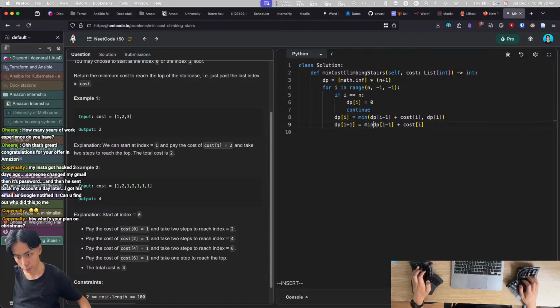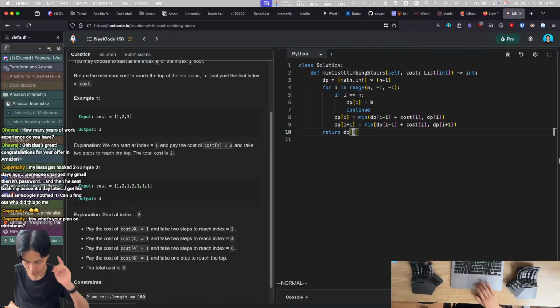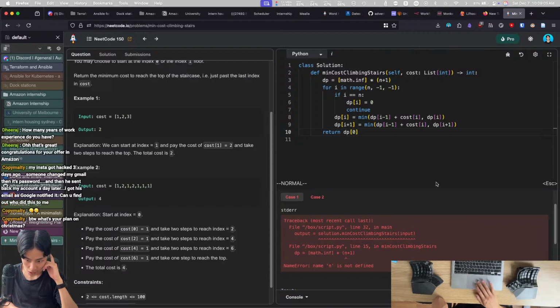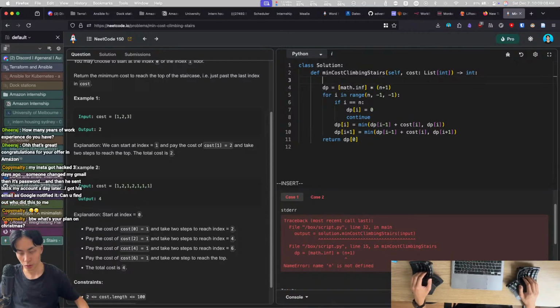And this is going to be the min of this, or dp[i plus 1]. And then you go and do this all the way down, and then I think that's right. You return dp[0], I think. n is not defined for sure. n is equal to len of cost.